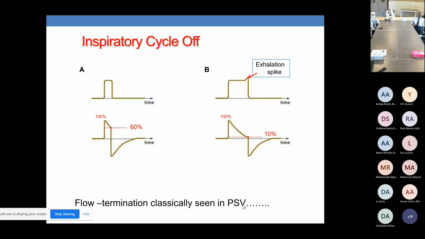Now the problem is, if you have leak, the machine will keep opening till the end, so the baby himself will suffer. So the flow cycling will not work properly if there is very high leak. This is just to keep in mind.